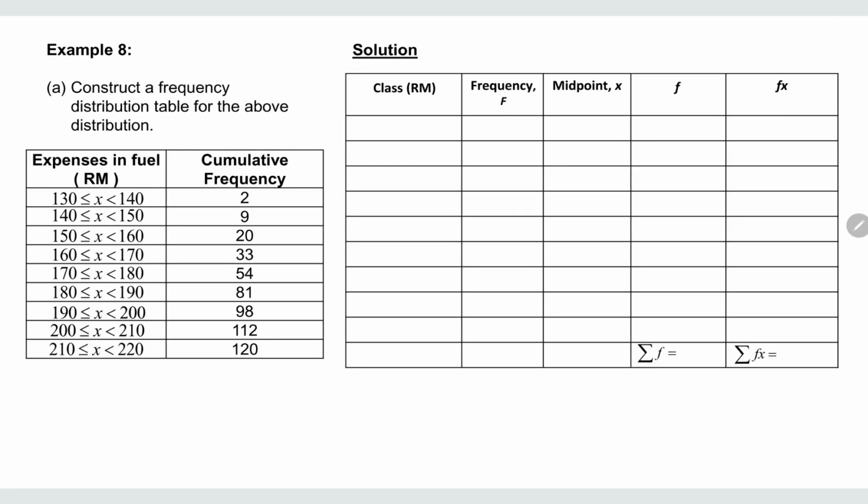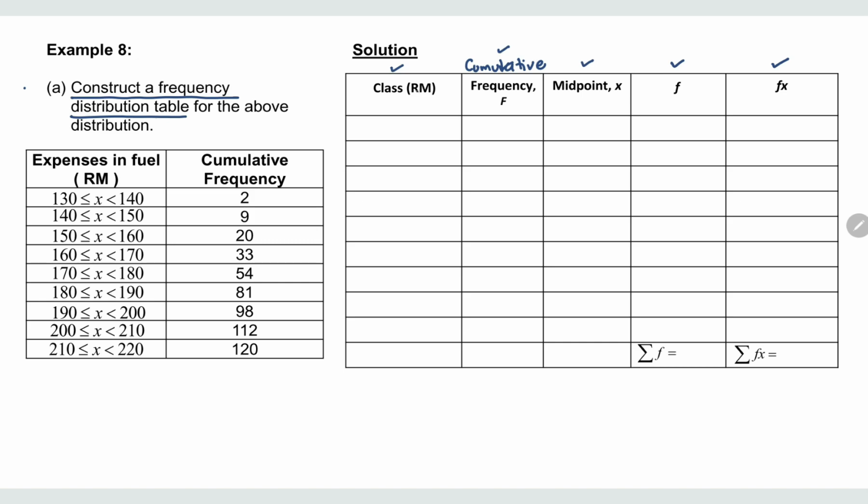Okay, now let's look at question A. Construct a frequency distribution table. So, to construct the frequency distribution table, we must have class, cumulative frequency, midpoint, frequency, and fx, which is the frequency times midpoint.